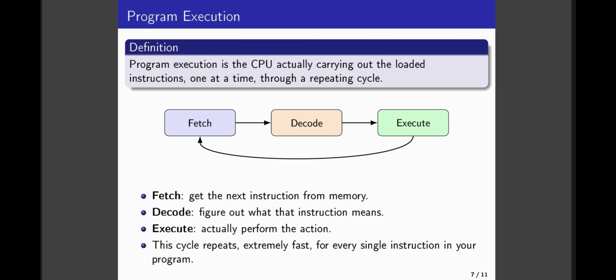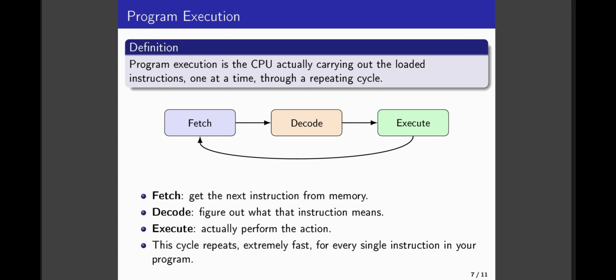Now that our program is loaded into memory, let's talk about how it actually runs. Program execution is the CPU actually carrying out the loaded instructions one at a time through a repeating cycle. That cycle has three stages: fetch, decode, and execute, FDE. And then it loops right back to fetch again over and over.